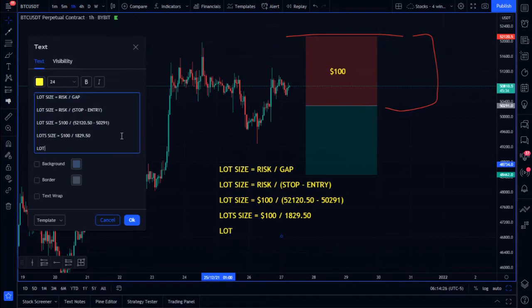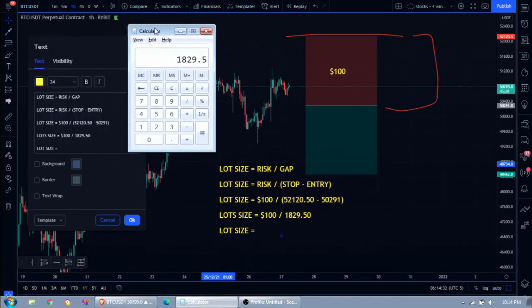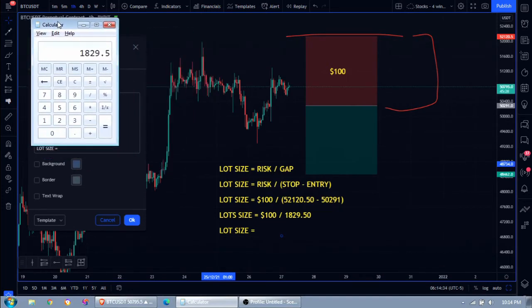Okay, let's continue with the formula. Lot size equals, let's move it over, we can see it. Oh, it's over there, of course. Clear it, so 100 divided by 1829.5. So once again, we're going to go for 3 decimals. I mean, you can go to as many decimals as you like, but most exchanges are going to restrict it anyway.